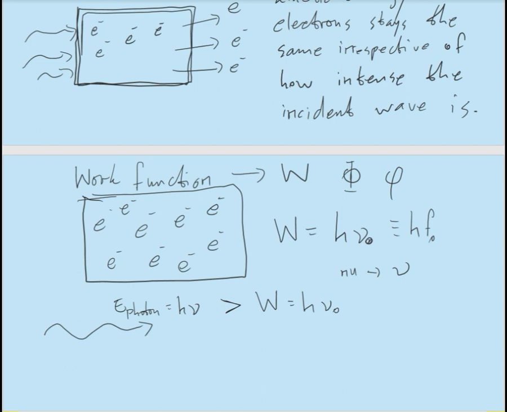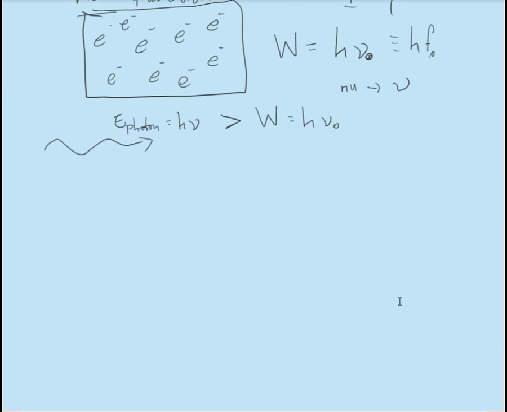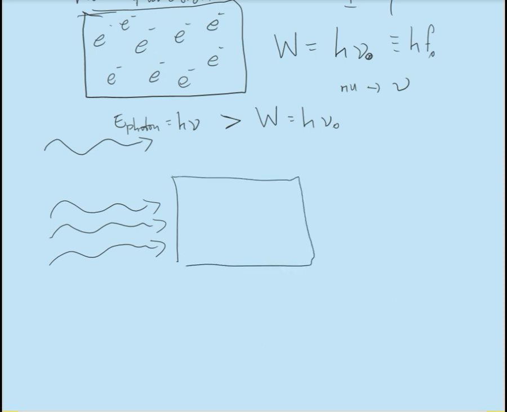emitted. And this is also something that caused confusion, because in a classical understanding of physics, you would imagine that, let me try and draw, as radiation is incident on the metal, there would be a sort of build-up, an accumulation of energy. So energy will build up, build up, build up.